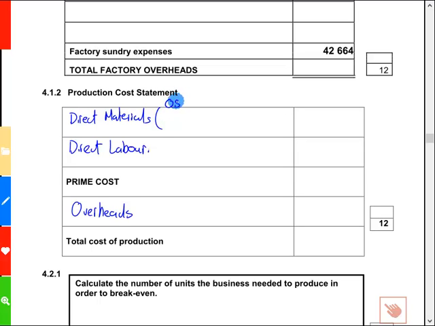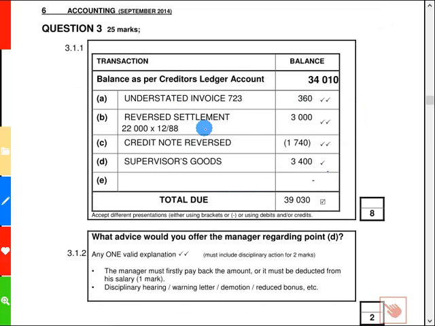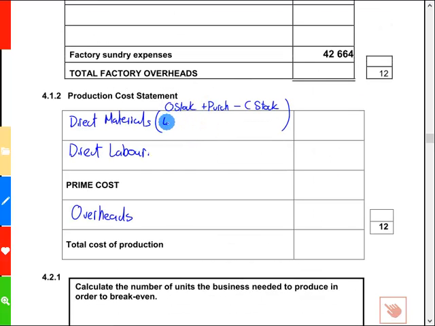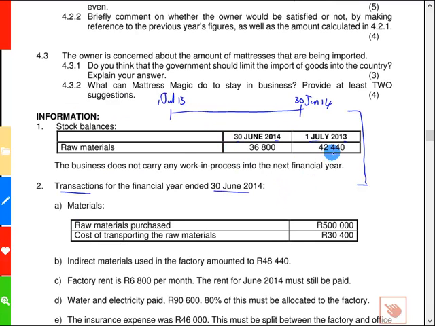We're going to take our opening stock, we're going to add our purchases, we're going to subtract our closing stock. Okay, if you've forgotten how that works, have you? Okay, so our opening stock is 42,440. How many raw materials did we purchase during the year?